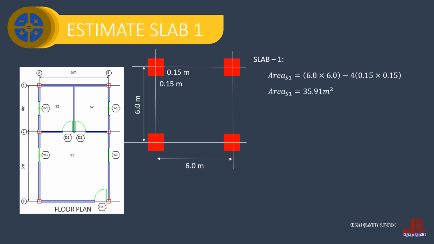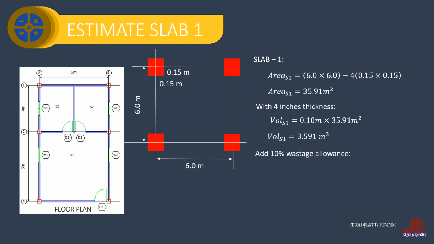The reduced area is then 35.91 square meters. With the instructed slab thickness of 4 inches, the volume is then 0.1 of 35.91, giving 3.591 cubic meters. Then add the 10% wastage allowance, so 1.1 of 3.591 is 3.9501 cubic meters.